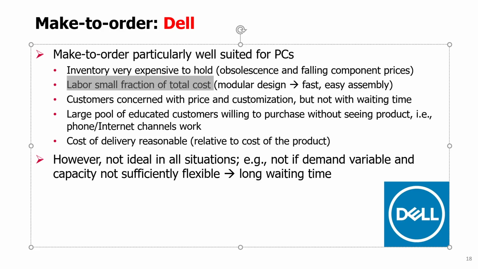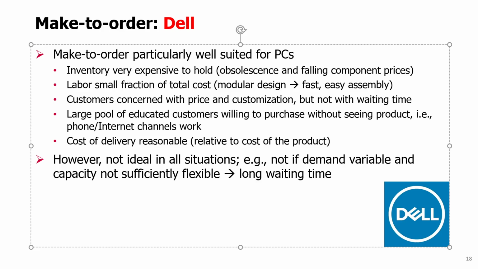The reason is that the design of computers is modular, so it is fast and easy to assemble them. Another reason is that customers are willing to wait, as long as they receive a highly customized product to their need at a very low, or at least reasonable, price.